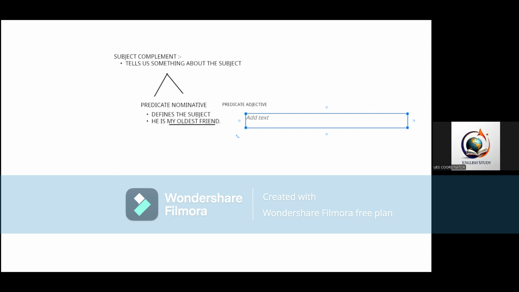And we can also say, your sweater feels very soft. Just soft. So your sweater feels soft. So what is the predicative adjective out here? Beautiful one is the predicate adjective. Soft is the predicate adjective.